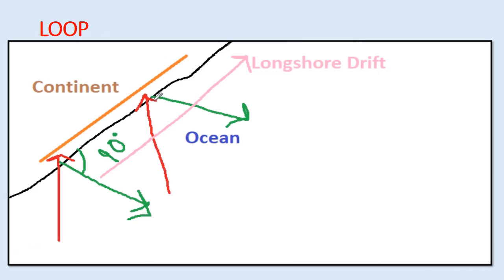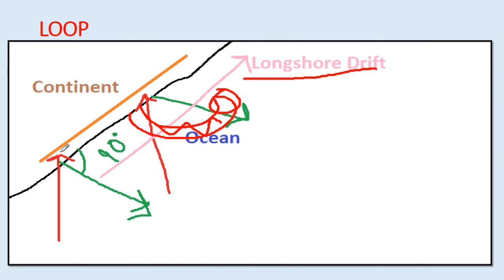Next one is the loop. A loop is the evolutionary form of the spit and the curved spit, or hook. Suppose this is the spit, this part is the hook and this part is the spit. When the opposite current becomes more dominant, this is the longshore current.